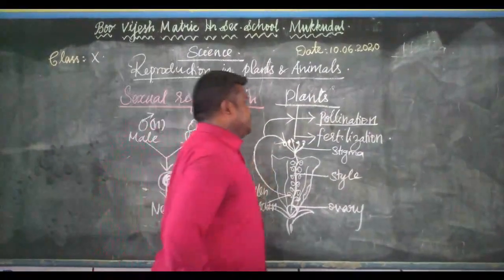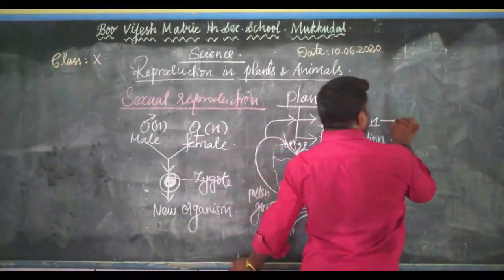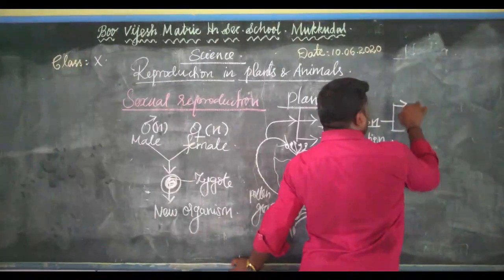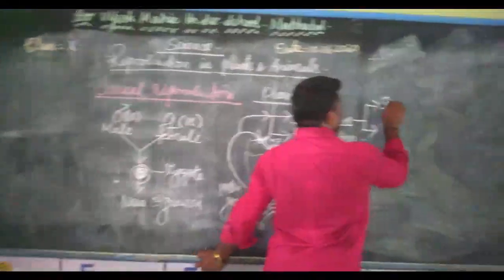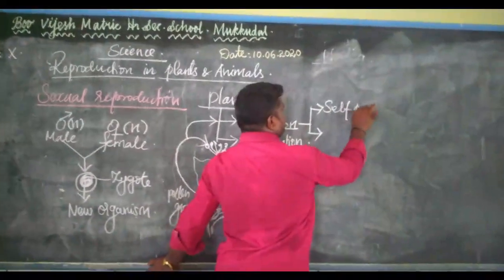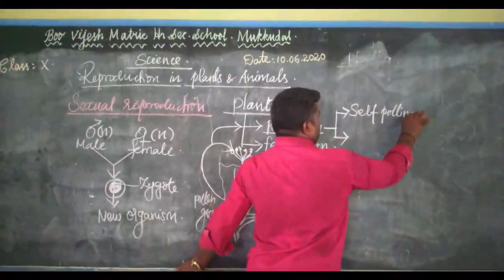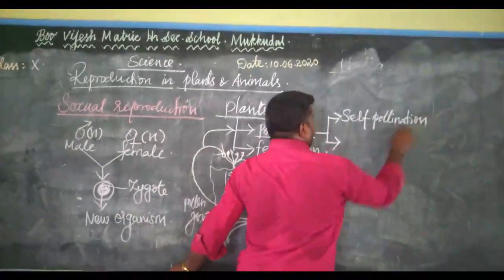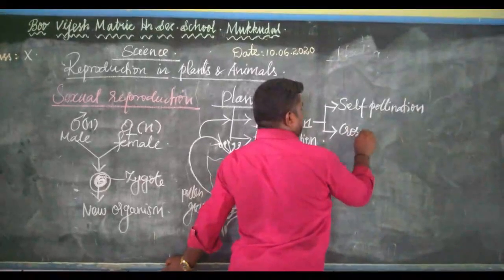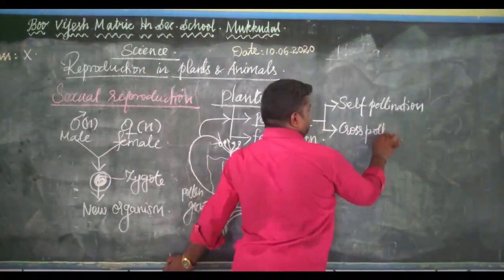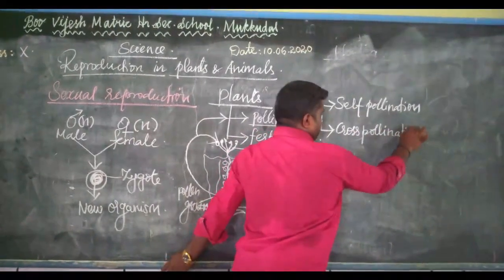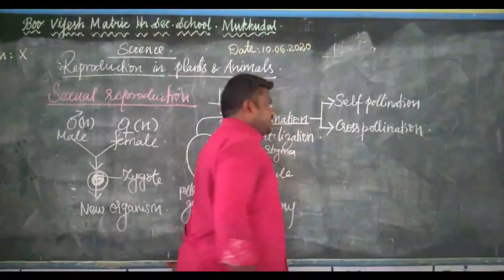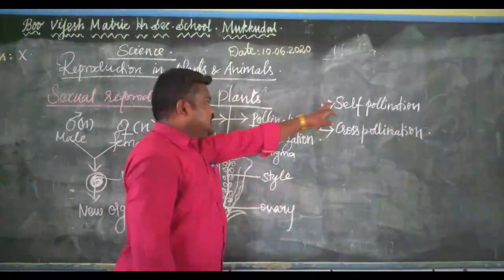Based on this, pollination is classified into two types: self-pollination and cross-pollination. What are the types of pollination?